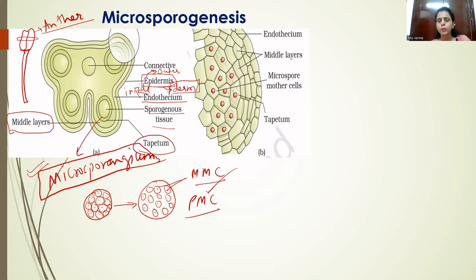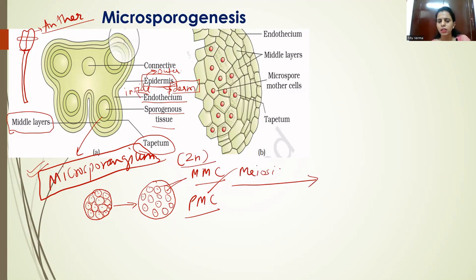In the initial phases, all these cells are diploid, that means they have 2 sets of chromosomes. Now what happens is this microspore mother cell undergoes meiosis.